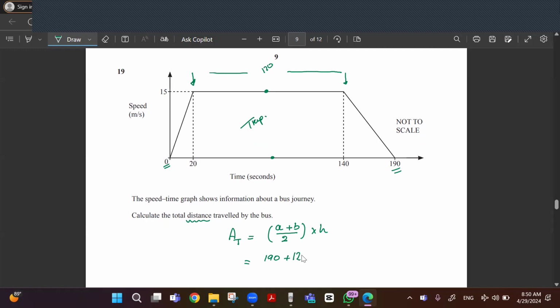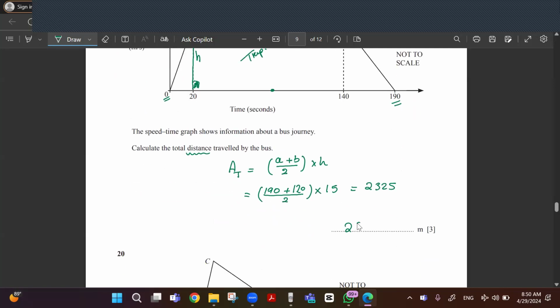So here 120. All of this divided by 2, then multiply by the height. The height is the perpendicular height, so it is 15. Then multiply by 15. It will get 2,325. And don't forget to write it in the place of the question like this.